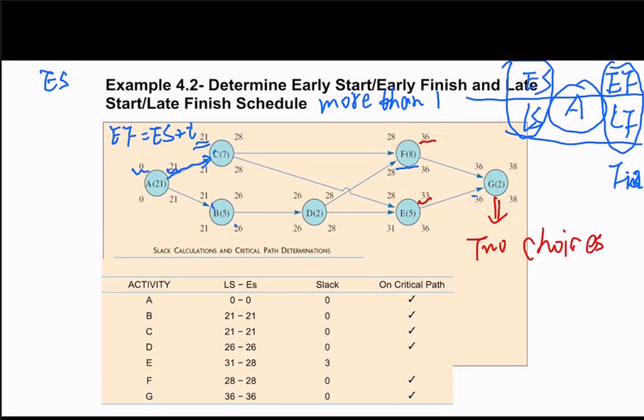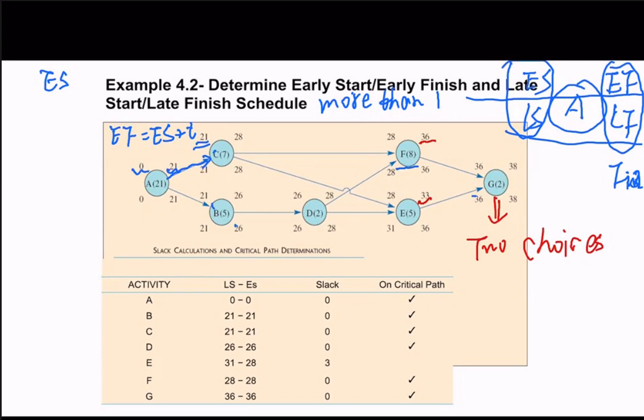So the EF for G will be 36 plus 2, 38. This is how we compute the ES and EF.